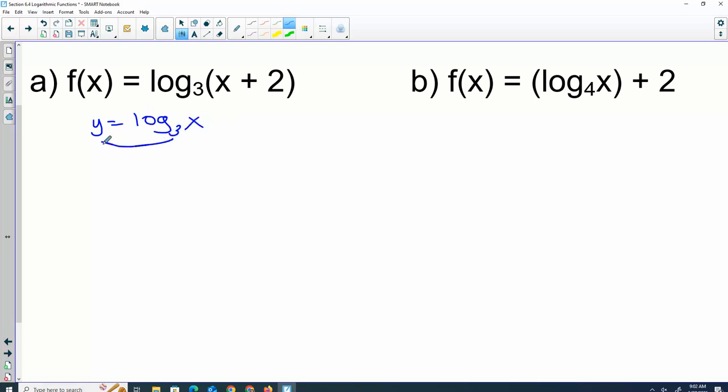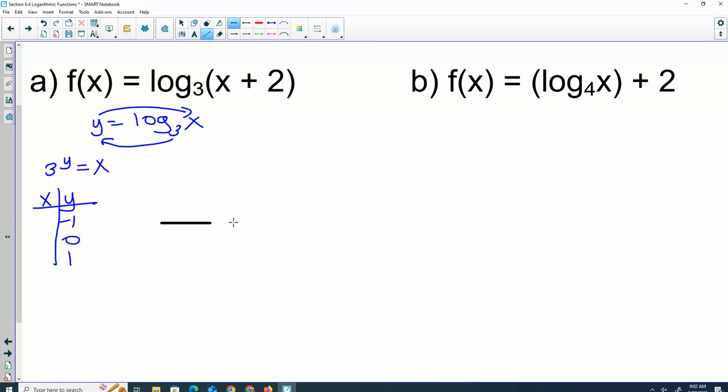So if I graph that, 3 to the y equals x. Make your t-chart -1, 0, and 1 for the exponent, which is my y, to get my x.